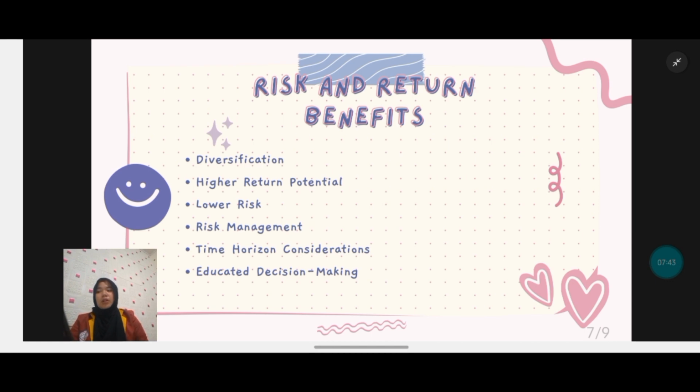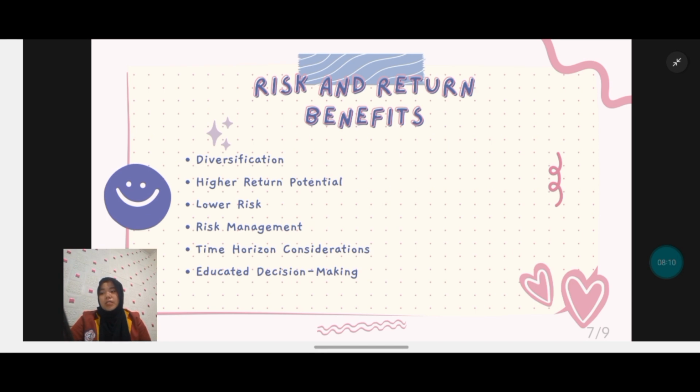Next, time horizon consideration. The relation between risk and return also depends on an investor's time horizon. A longer investment horizon might allow for a higher tolerance for short-term volatility and potential for greater returns.